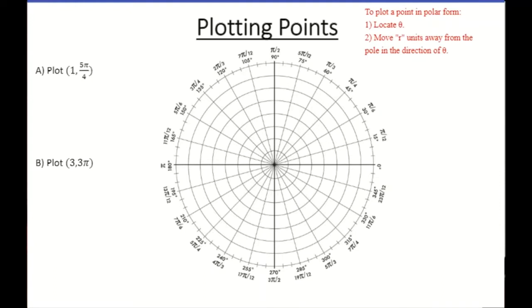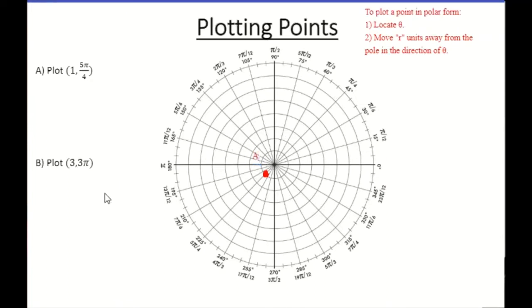Now it's 1 comma 5 pi over 4, so that means I'm going to move just 1 unit out towards 5 pi over 4, and that means my point is going to be right here. So that's going to be A. I'll go ahead and label that.